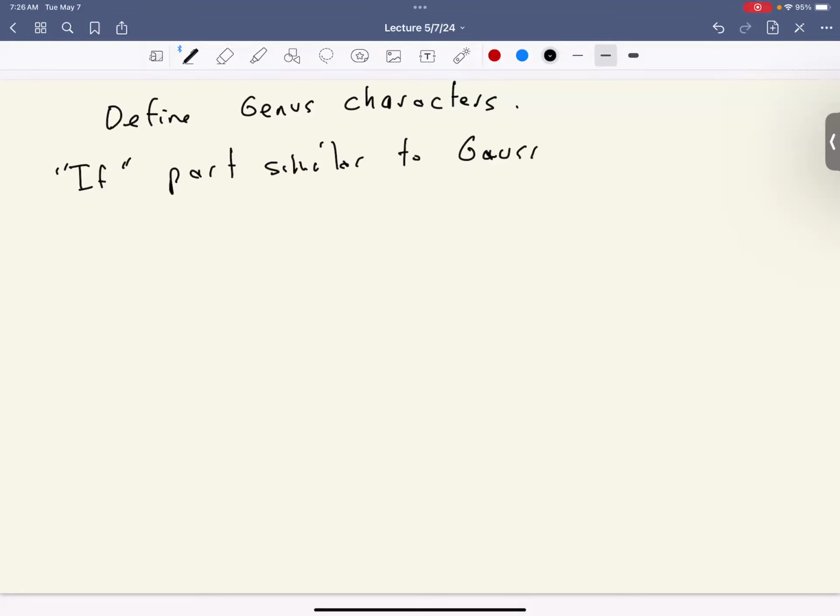Now, Gauss went on and proved one of the highlights of his book, which is to characterize the elements that are squares in terms of the genus characters. So the genus characters are locally defined. He proved that the squares are exactly the elements that are killed by all the genus characters.